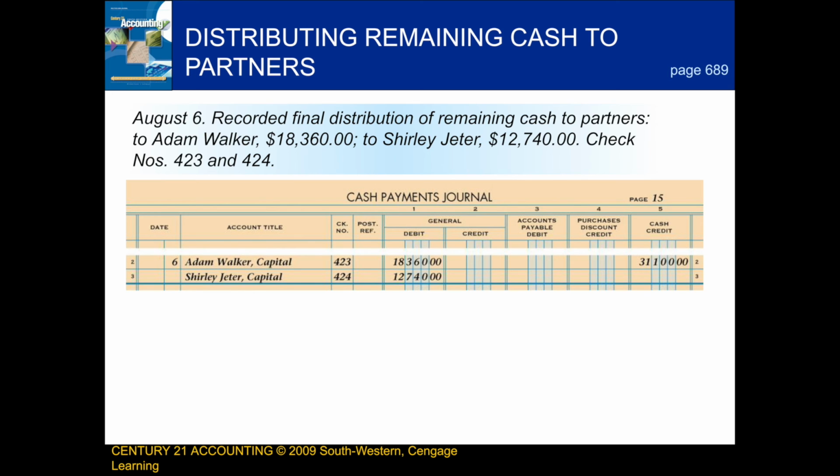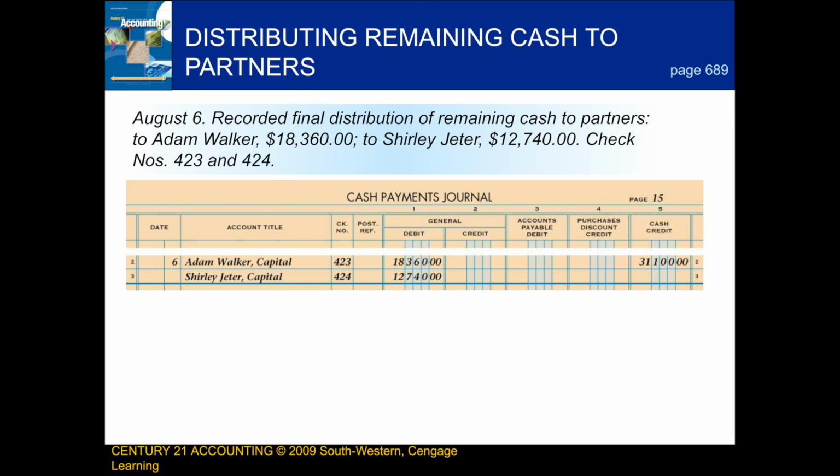First, we write the date, which is August 6th, in the date column. Next, we write the first partner's capital account, which is Adam Walker Capital, in the account title column. After that, we write the first check number, which is 423, in the check number column. Following that, we record the first amount, which is $18,360, in the general debit column.